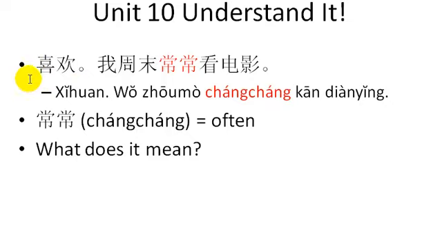So she says 喜欢. She likes to watch movies. And then she says 我周末常常看电影. Okay, so 常常 is new. And she probably made a mistake telling this to Gao Wenzhong because she really opens the door for the next question that Gao Wenzhong's going to ask.